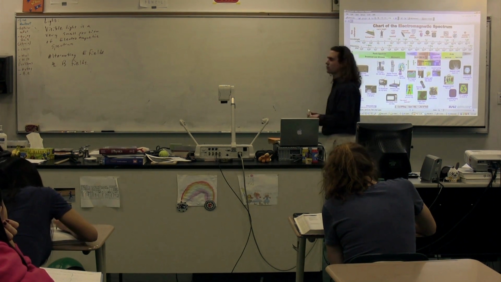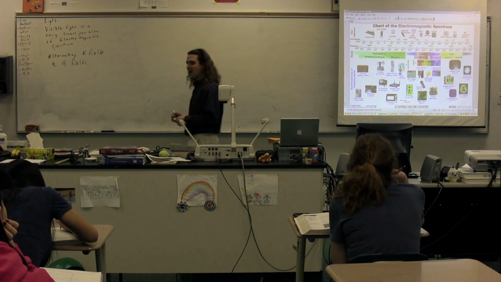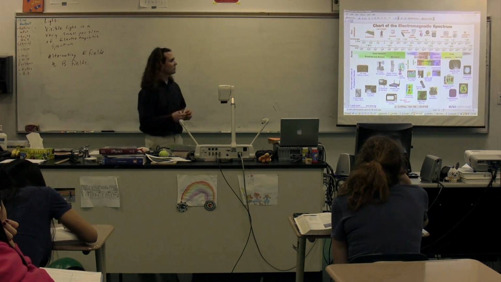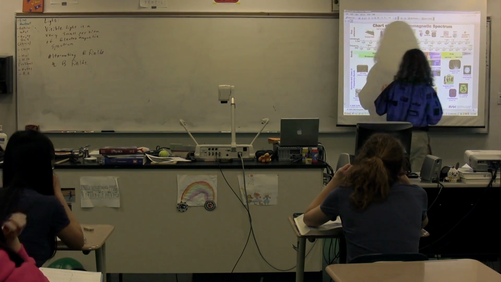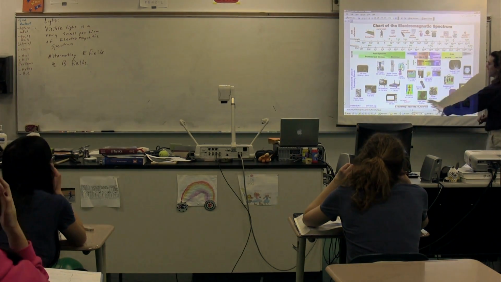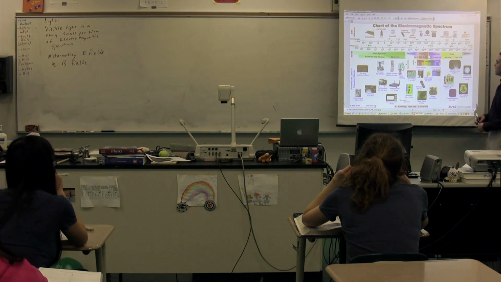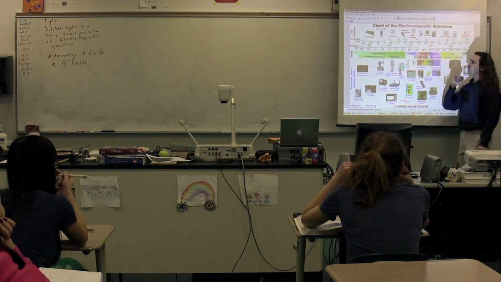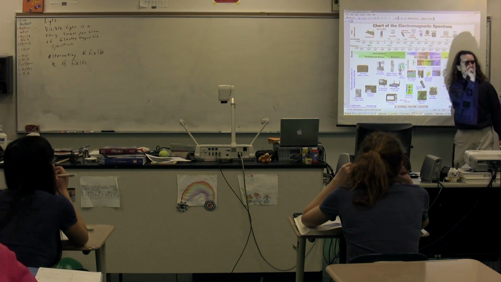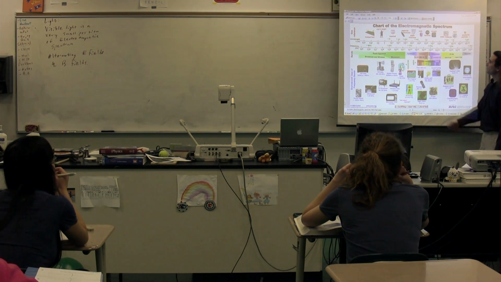This is a much better chart of the electromagnetic spectrum. This is not the one in your textbook, but this is the one that I'm going to refer to. The reason I like this one is not only because it gives various frequencies of things that you work with on an everyday basis, like X-rays, but it gives a good visual representation of how small the visible light range is.